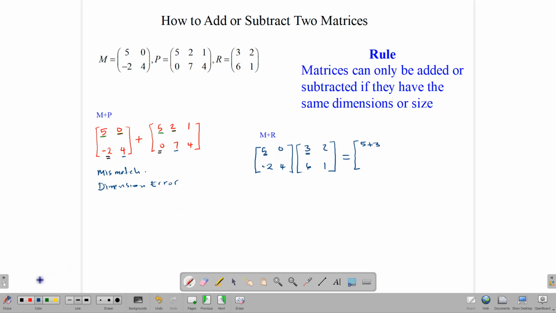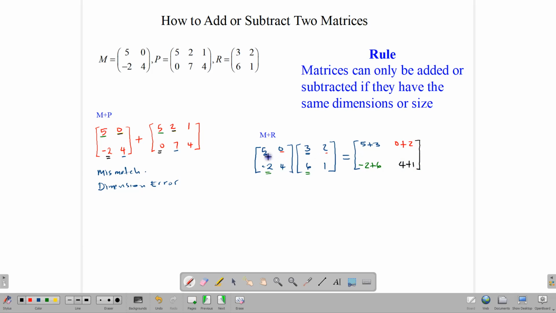The 0 and the 2 are in similar positions. So we add those together. We say 0 plus 2. Likewise, the negative 2 and the 6 are in similar positions. So it's negative 2 plus 6. And the 4 and 1 are in similar positions. So we add the 4 plus 1.